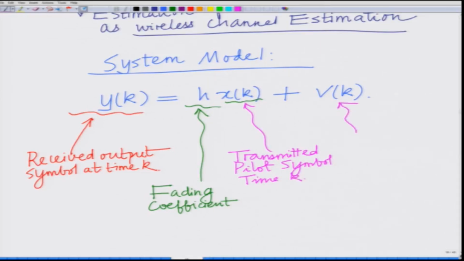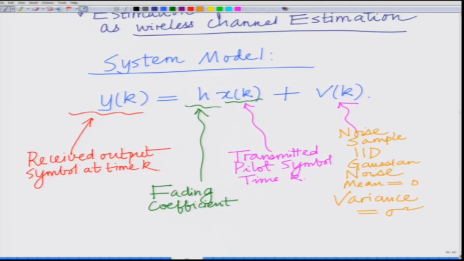And Vk, as we are already familiar, is the noise sample, and we are assuming IID Gaussian noise with mean equal to 0 and variance equal to sigma square.